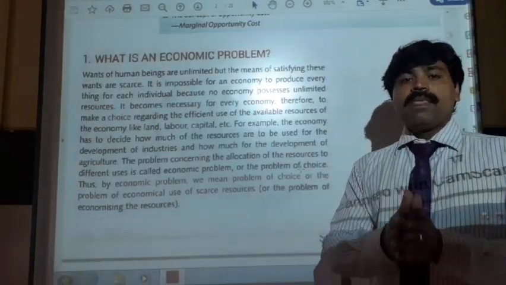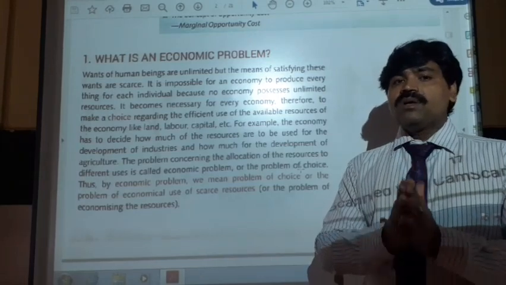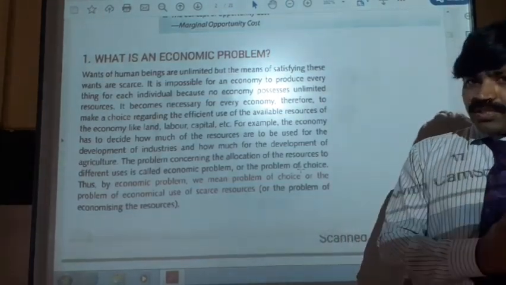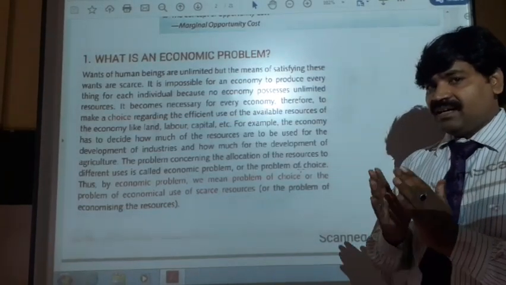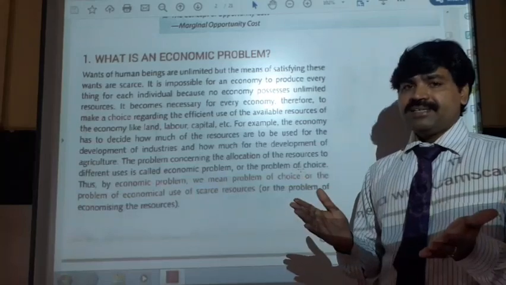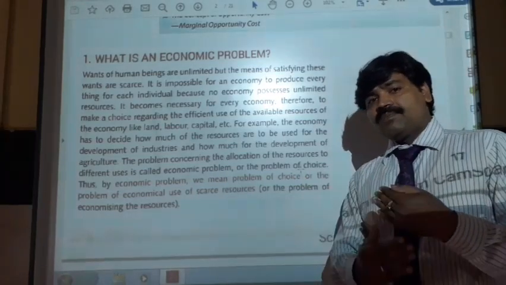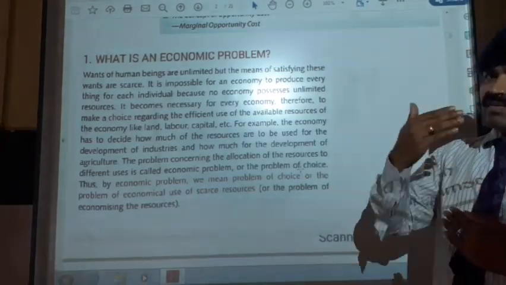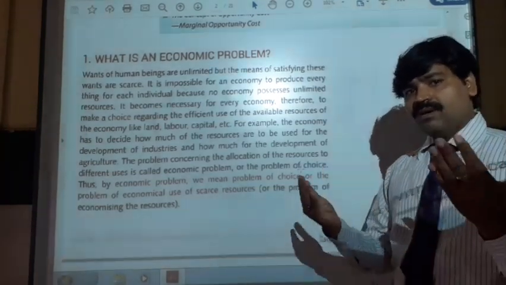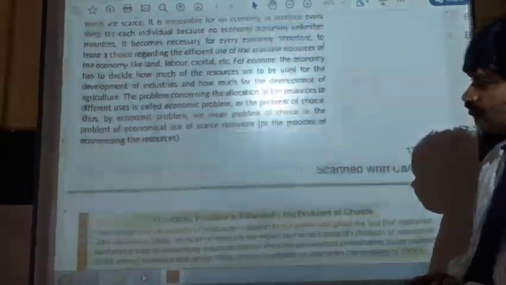You know that economic problem is the problem of choice, because resources are scarce and wants are unlimited. Then the problem of choice arises, and this problem arises that how can we properly utilize the resources for our development.